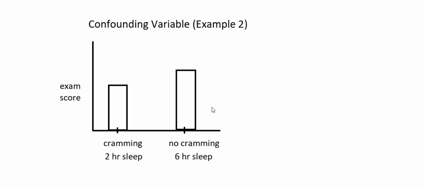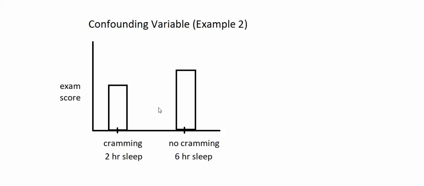So what the researcher has unfortunately ended up with is a confounding variable, which is hours of sleep the night before the exam. So the researcher is comparing a group that crammed and a group that didn't cram, but at the same time, the researcher is also comparing a tired group with a more well-rested group.